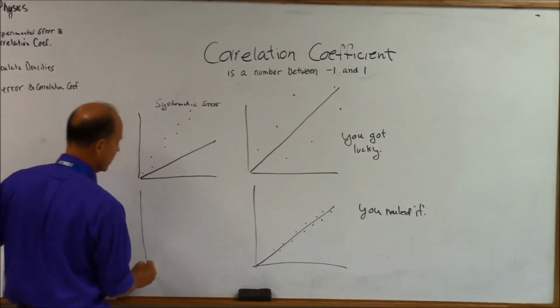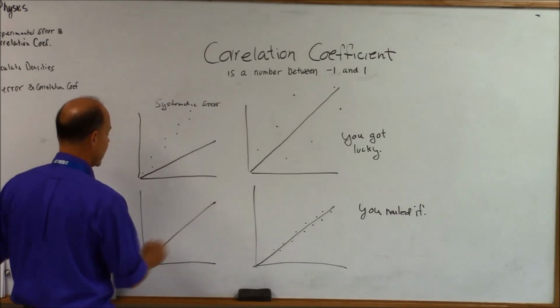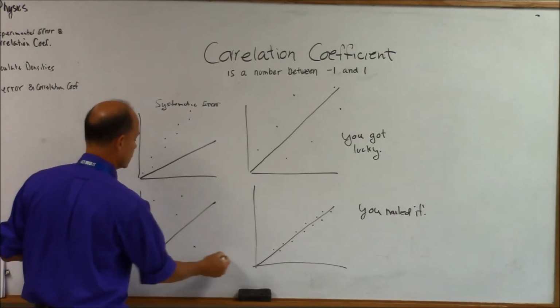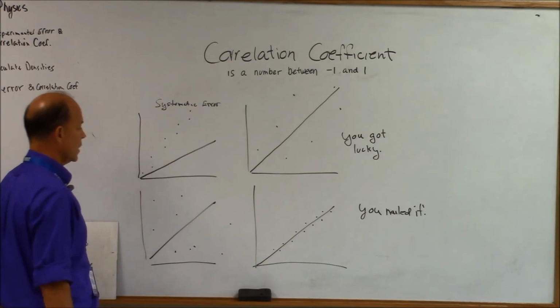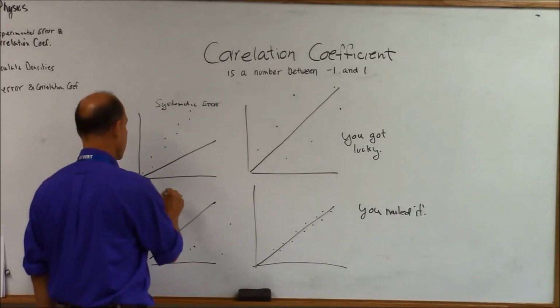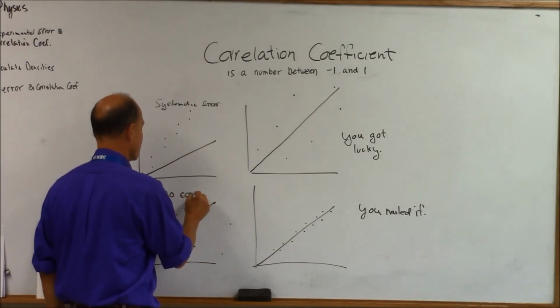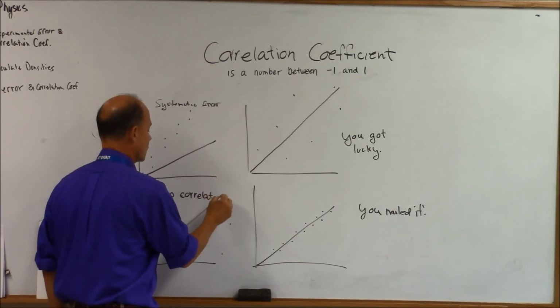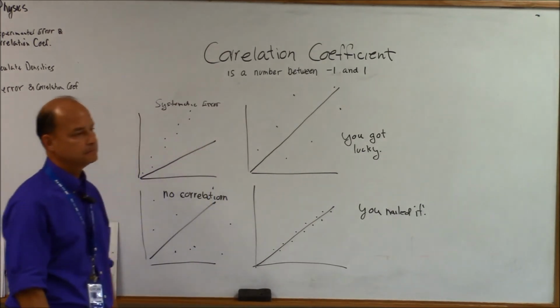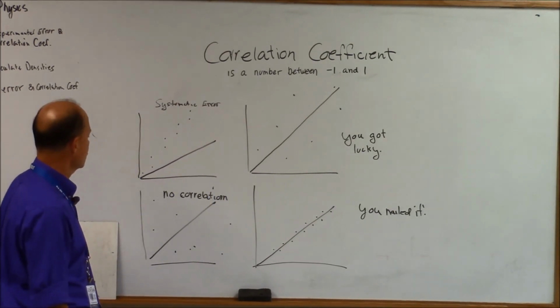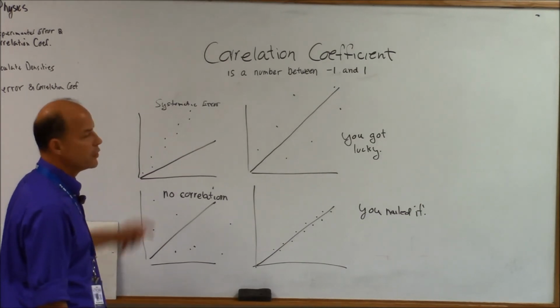Or you could do the experiment. There's some theoretical value. There's just no correlation at all. Okay. So those are the 4 cases.